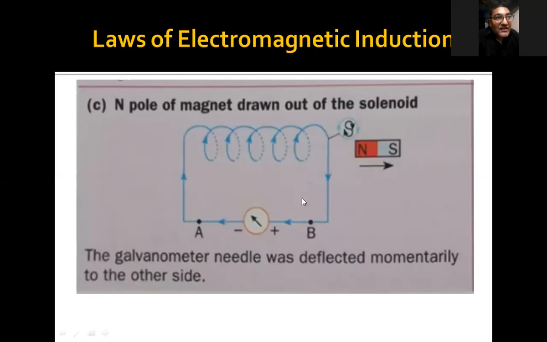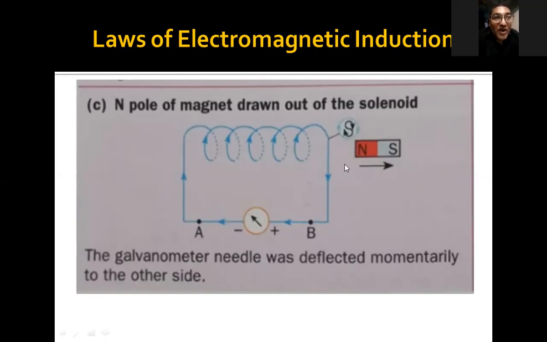left. And due to this current in the solenoid, an electromagnet is formed on the solenoid. And that electromagnet will have a south pole on this right side. Why will it have a south pole here? Because it will try to oppose this motion. It will try to oppose this north pole going away.